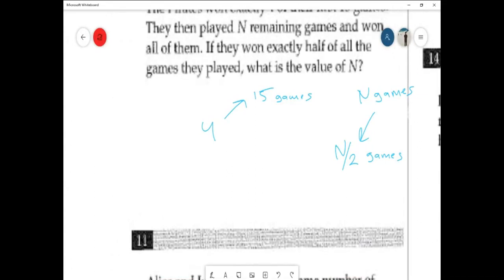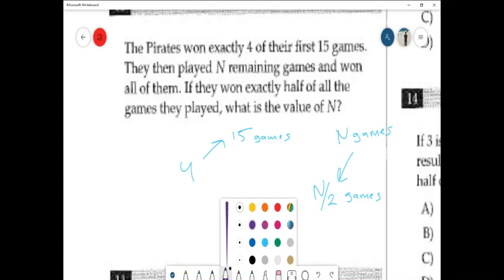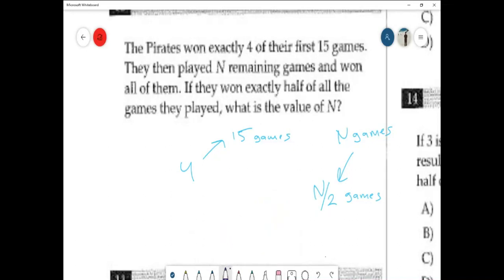Sir, why is it n divided by 2? If they won exactly half of the games they played, half of the games. Okay, I understand.